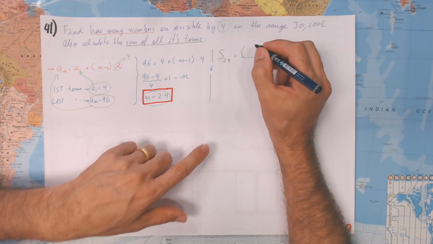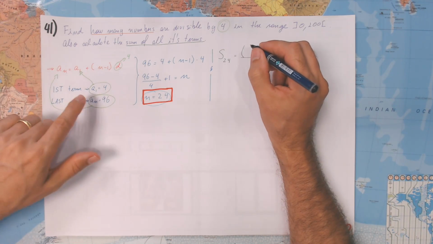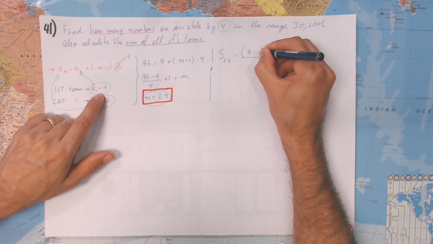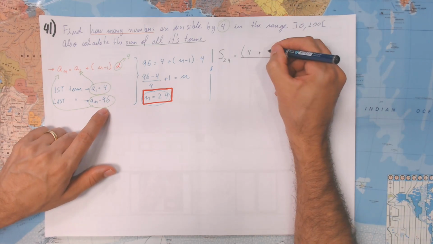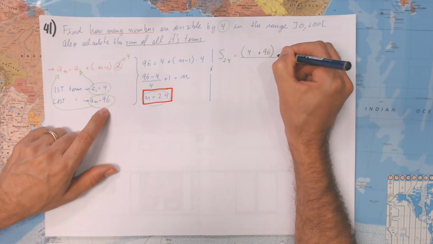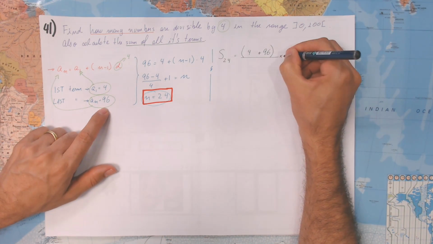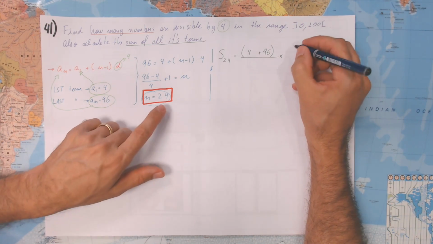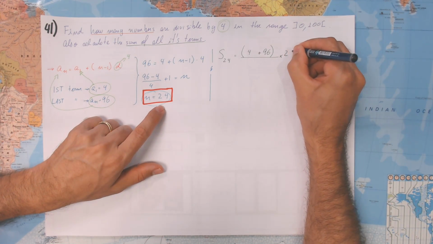What is going to be the first one? The first one is this one, 4, plus the last one is going to be 96. Okay, and we're going to multiply by half of those 24.